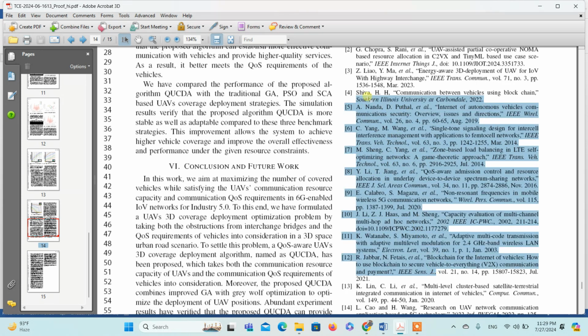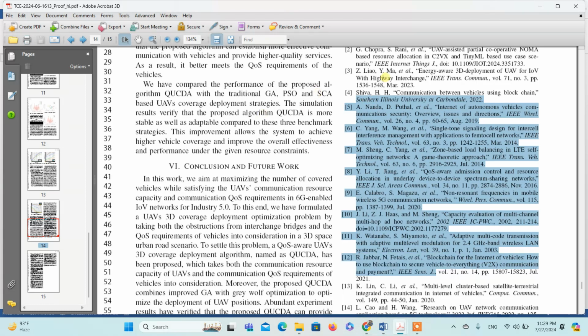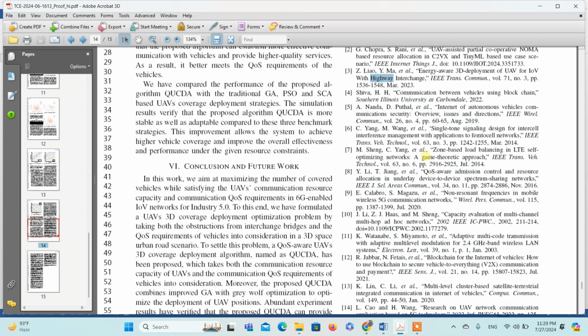If we look into the references, then we can decide whether this paper is of good quality or not. So for this purpose, one has to look into each and every reference and citation inside the paper, and then at the end make some concluding remark on whether the paper is of good quality or not.